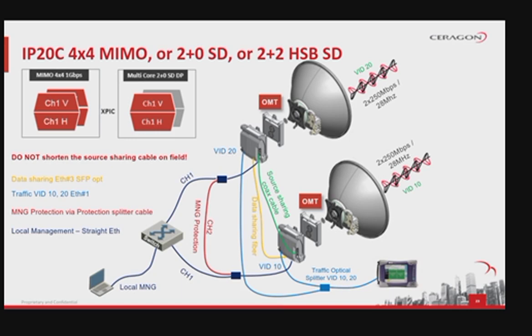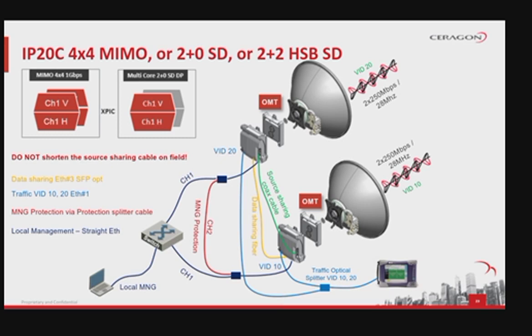C. For a 2+2 hot standby with space diversity, remember that in effect, a 2+2 hot standby configuration is a protected 2+0 space diversity configuration. Each IP20C monitors both of its cores.